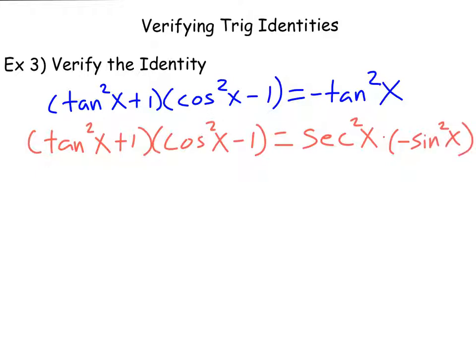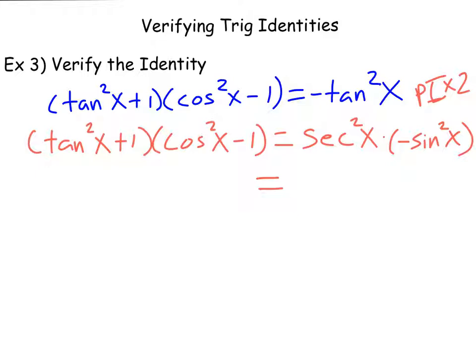Now, I ran out of room here, but what I should say is right next to it, Pythagorean identity times 2. And that's fine if you do that. I mean, it's clear enough there that the Pythagorean identity is what we're using, and we did 2 of them. Okay, which looks like good progress here.